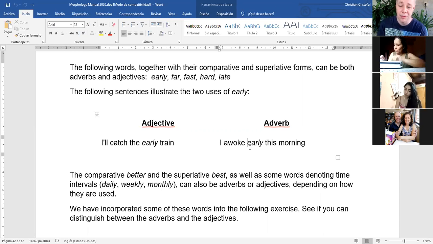That's what we need to see. Okay. So we need to develop this skill of analyzing sentences, not by individual words, but in context. What is the word modifying?